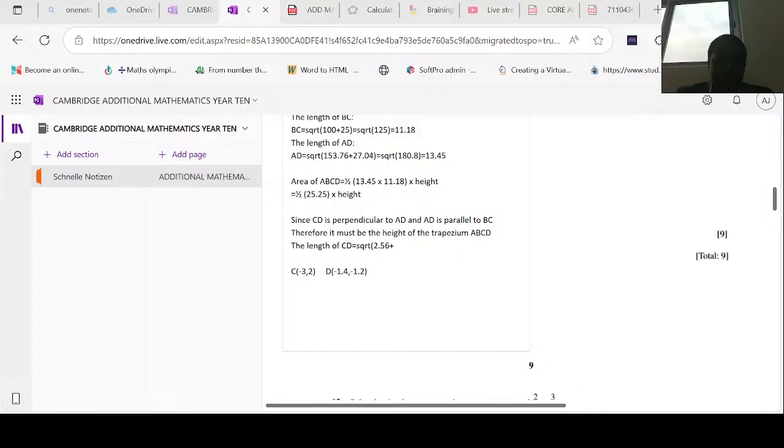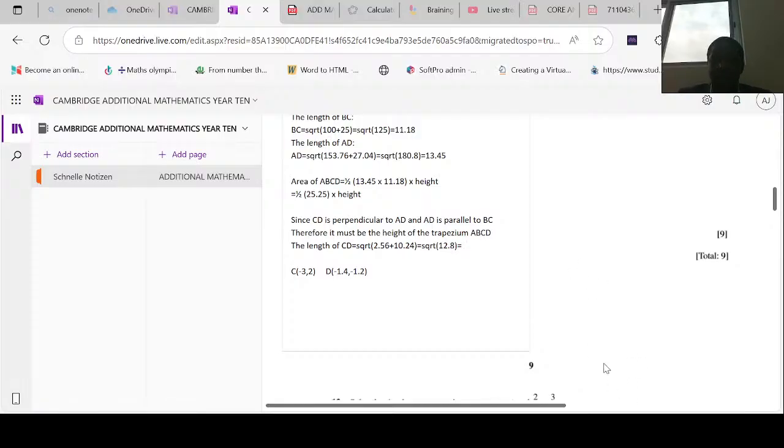Please confirm. 10.24, right? Is that confirmed? So now you find the square root of, add 2.56 plus 10.24. We get 12.8, right? Okay, good. So find the square root of 12.8. That will be your answer for your height.